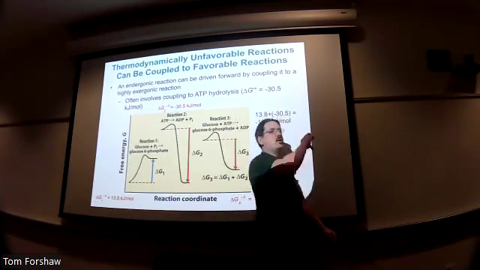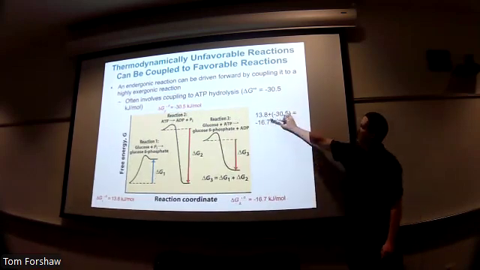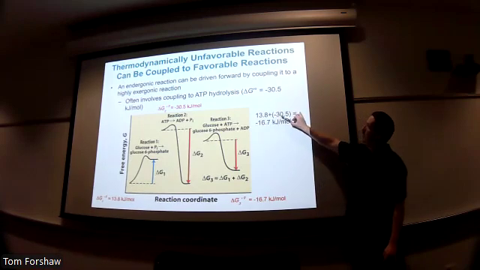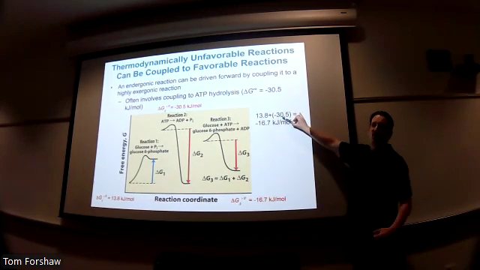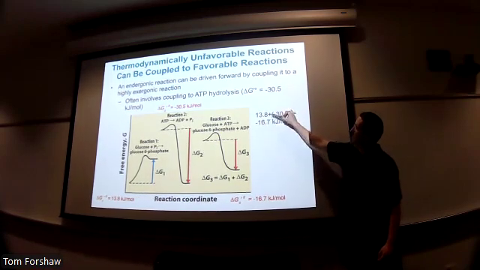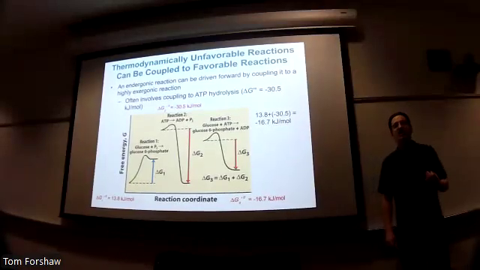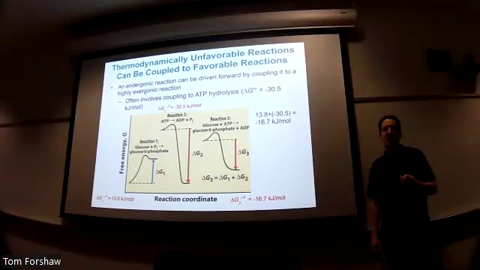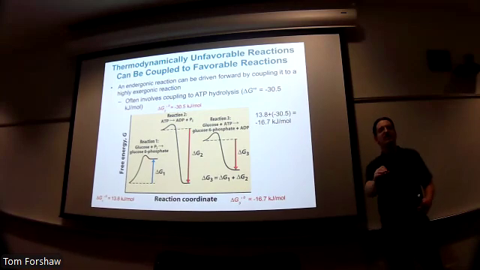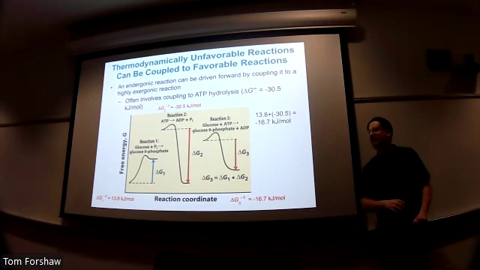So overall, you add those together: 13.8 kilojoules per mole required, 30.5 kilojoules per mole released, which means that when you put these two together, the overall energy of the reaction is minus 16.7 kilojoules per mole. And because it's a negative number, that means that the reaction proceeds forwards because it's exergonic.